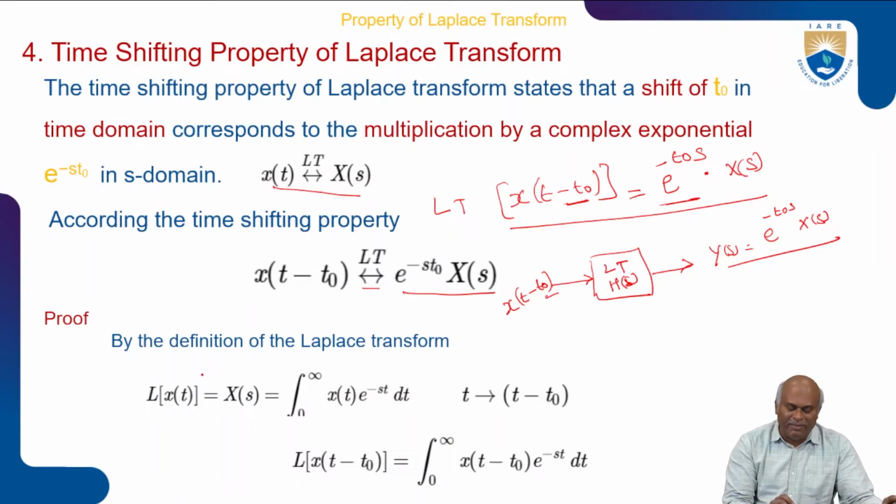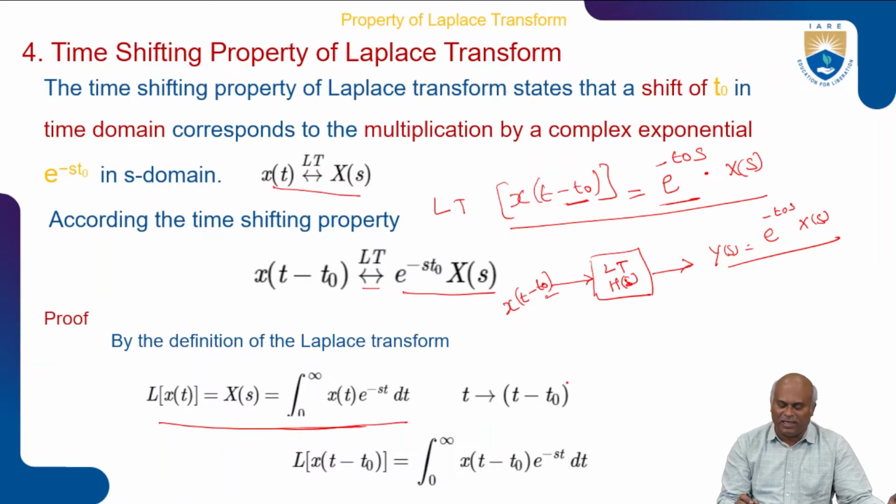First, we take the definition of Laplace transform. The Laplace transform of x of t is equal to X of s, equal to the integration from 0 to infinity of x of t e power minus s t dt. This is the definition of Laplace transform for the unilateral signal.